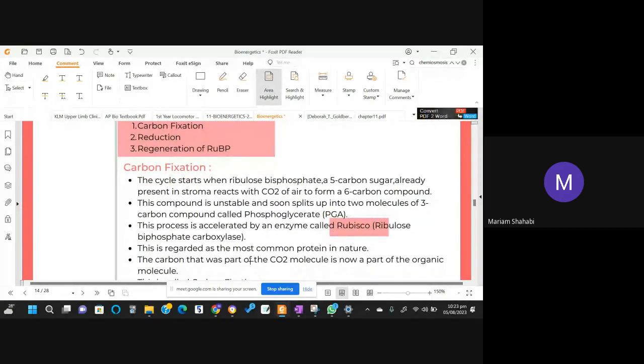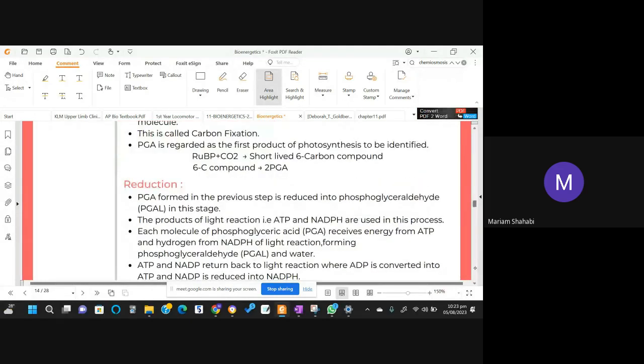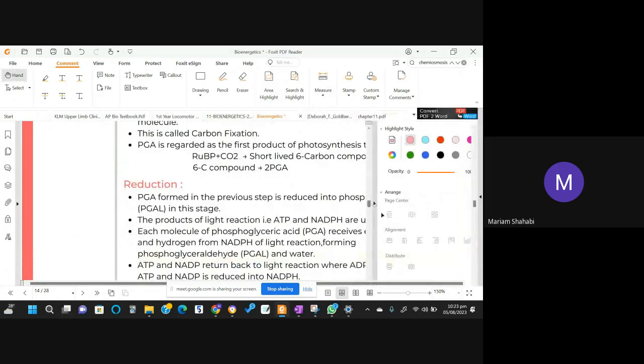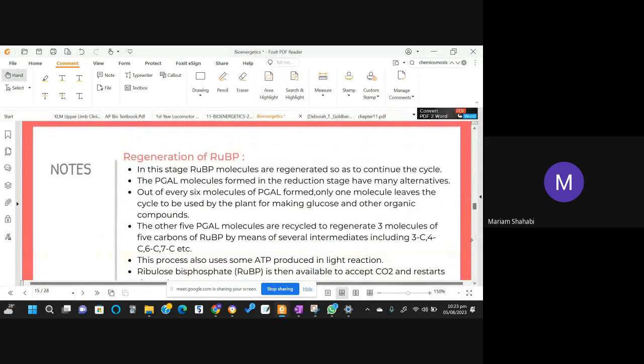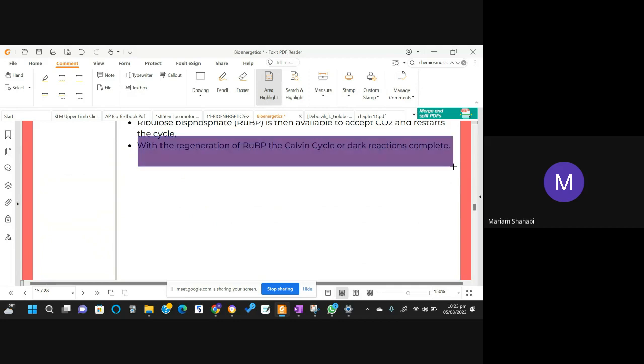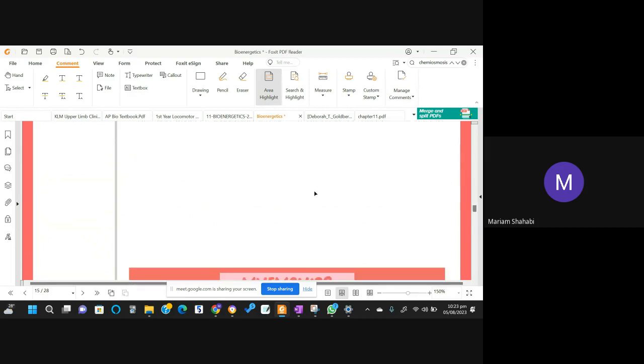Is the most common protein in nature. RuBP molecules are regenerated so as to continue the cycle. With the regeneration of RuBP, the Calvin cycle or the dark reaction is complete.